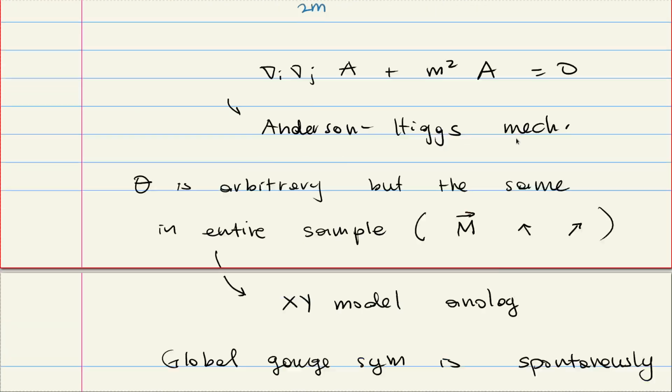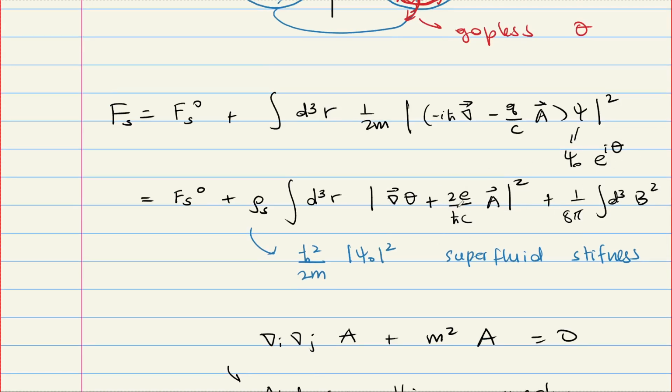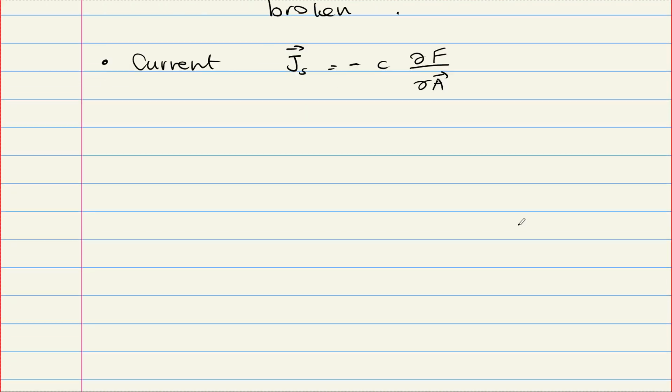If you take the derivative of this action with respect to A, now this is standard, what you are going to find is minus 2e over h bar rho s times the gradient of theta plus 2e over h bar C, and I think there has to be some A. Oh yes, so this is A.